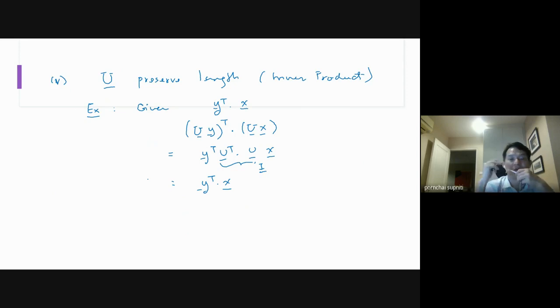Okay, last topic, let's take a look at the singular value decomposition that we are supposed to talk about today. Singular value decomposition is a very interesting decomposition.